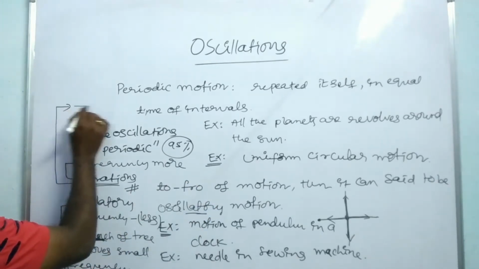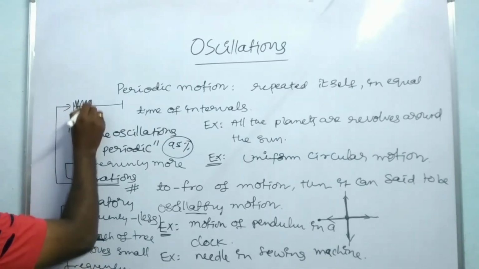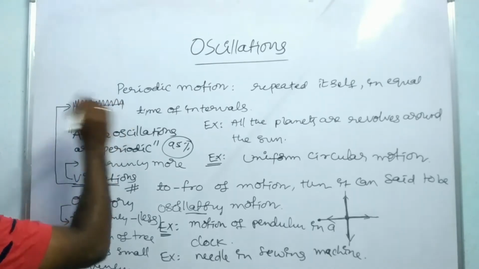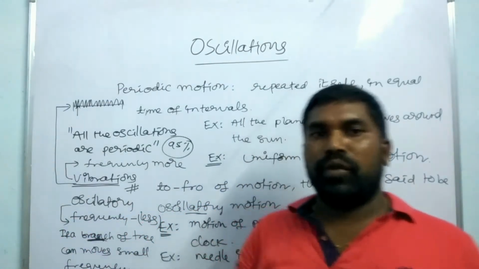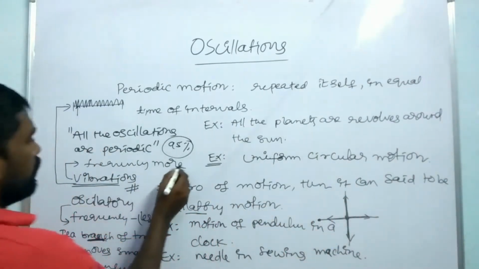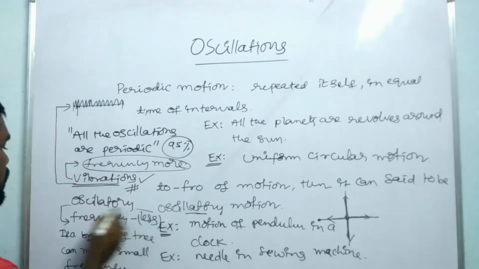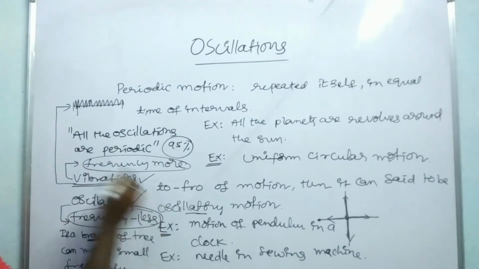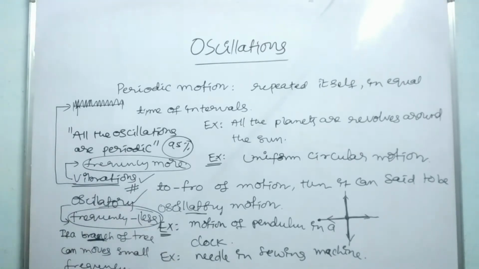Whenever we pluck the string of a guitar, there are more cycles in a unit time, so the frequency is more. If the frequency is more, then it is said to be vibration. If the frequency is less, then it is said to be oscillation. So this is the very important difference between vibration and oscillation.